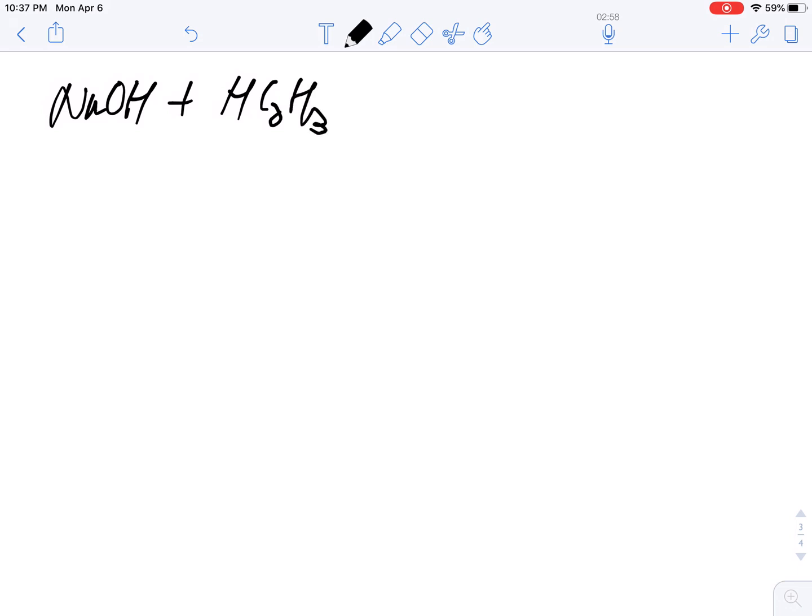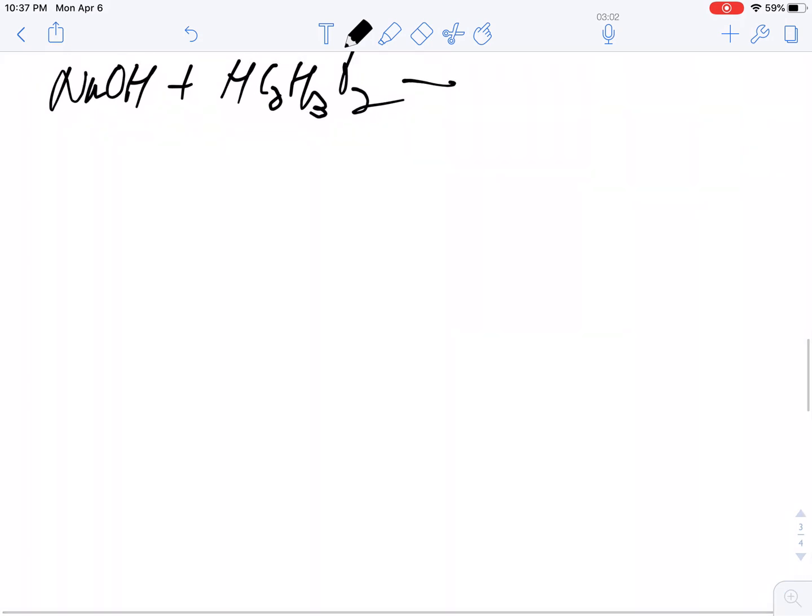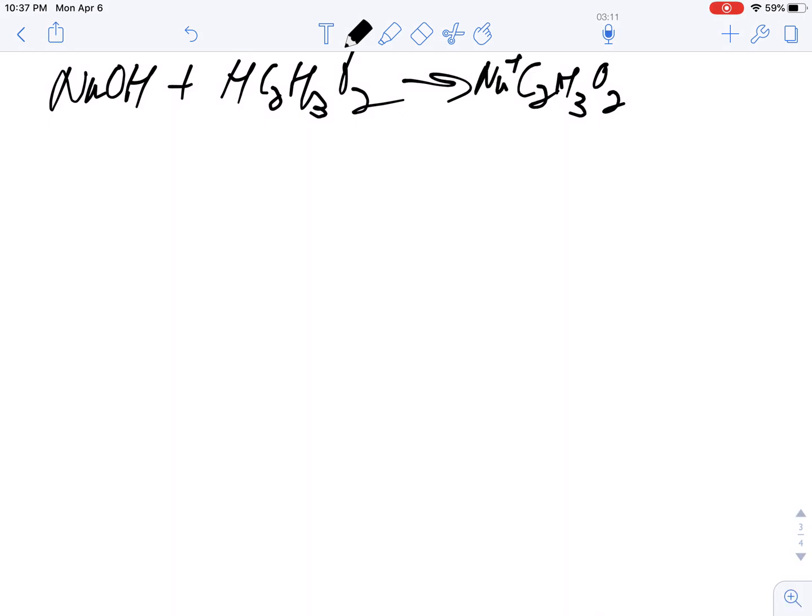So the sodium hydroxide reacts with my weak acid and it produces my weak base. Now, sodium's attached to it. Well, it's not really attached to it because it's a salt.